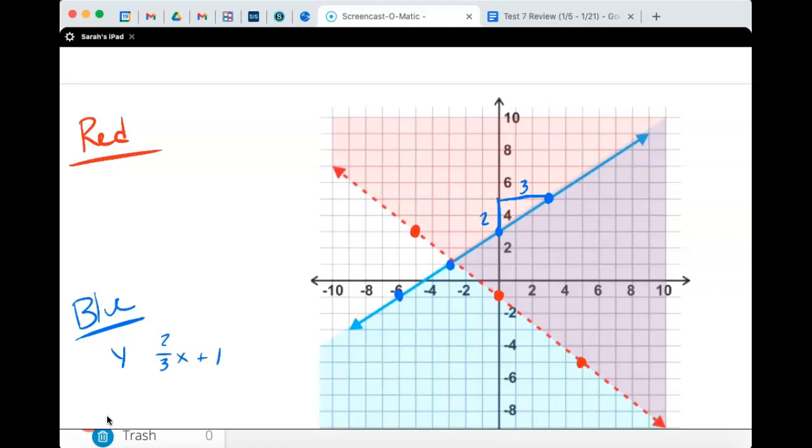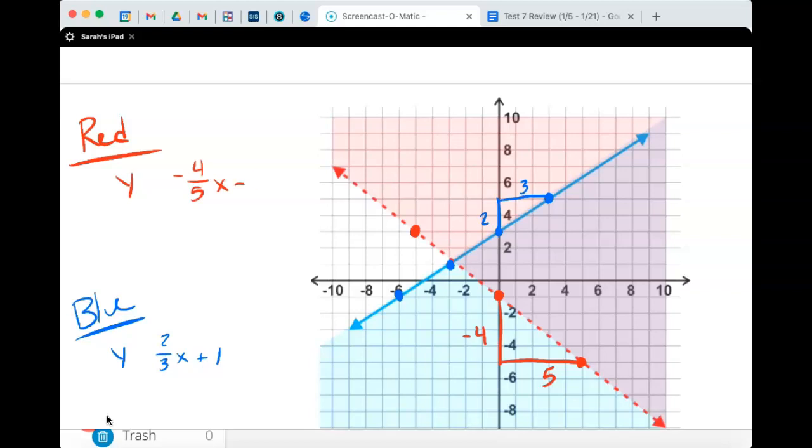The red line is the one where I saw a lot of people get weird answers. I can choose any 2 points, it doesn't matter. From that point I go down 4 units and then to the right 5, so the slope of the red line should be -4/5. And everybody had the y-intercept, right?